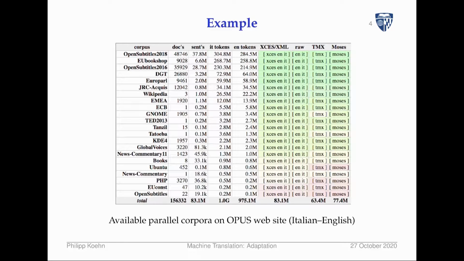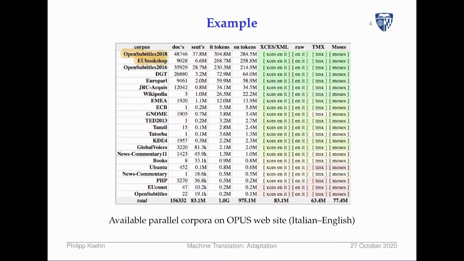Here is an example. If you go to the website Opus, that is probably the best reservoir of parallel corpora for many, many languages. Here are the corpora they list for Italian, English, and so you can go down the list. There's open subtitles. This is a collection of user-generated translations of movie and TV show subtitles.